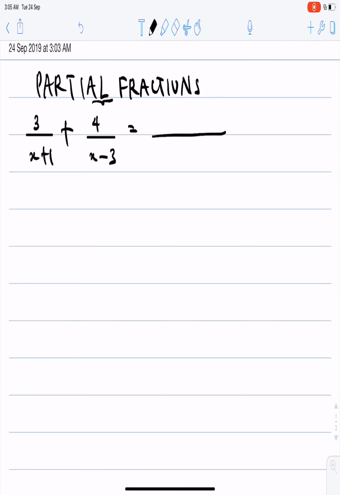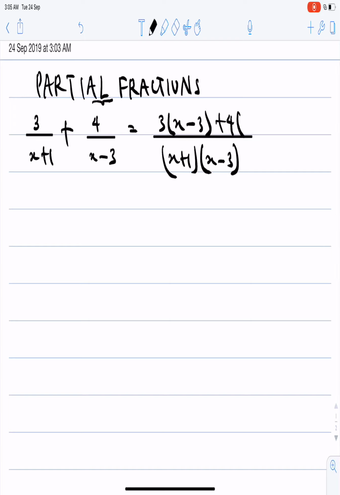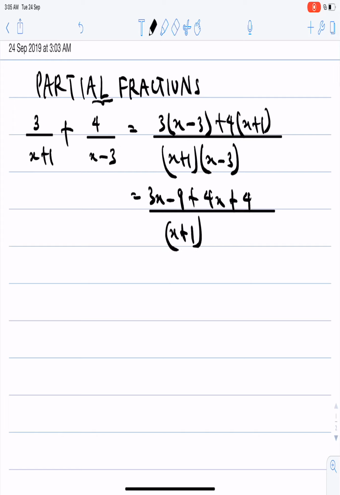That's equal to, the LCM of the denominators is x plus 1 times x minus 3, which means 3 times x minus 3 plus 4 times x plus 1, which is 3x minus 9 plus 4x plus 4 all over x plus 1 times x minus 3.